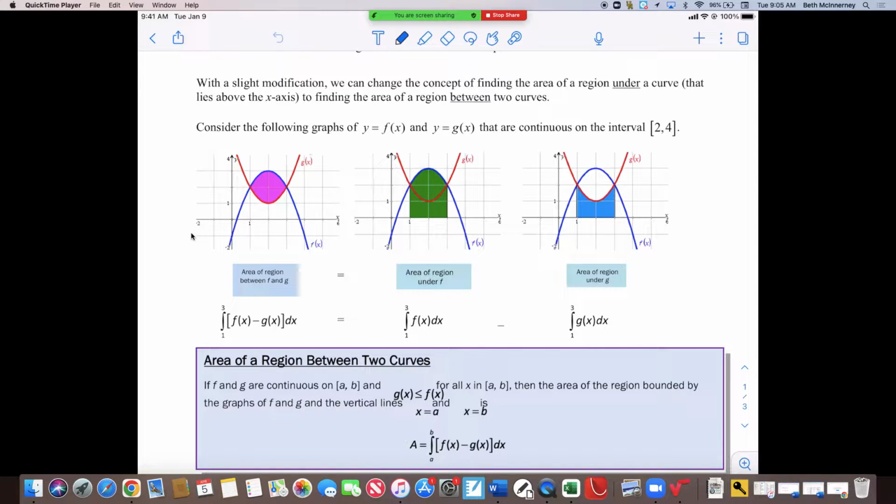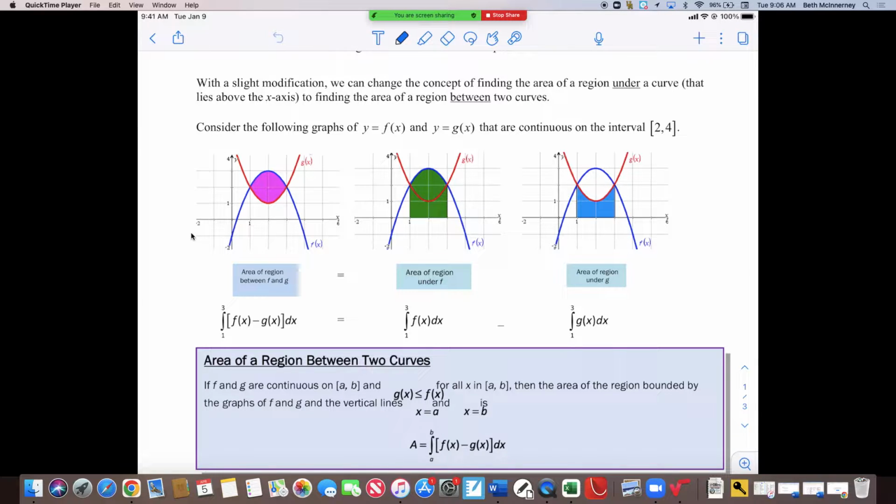So if I wanted to figure out just the region between those two curves, do you understand that I have the underneath twice? And that's defined to be the area under g of x. So to determine the area between two curves is just the integral of the top curve minus the bottom curve.